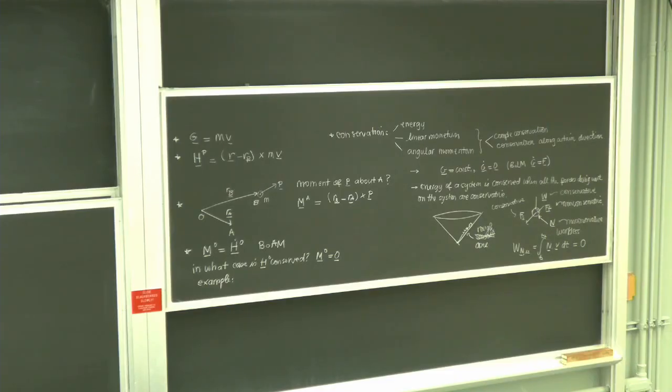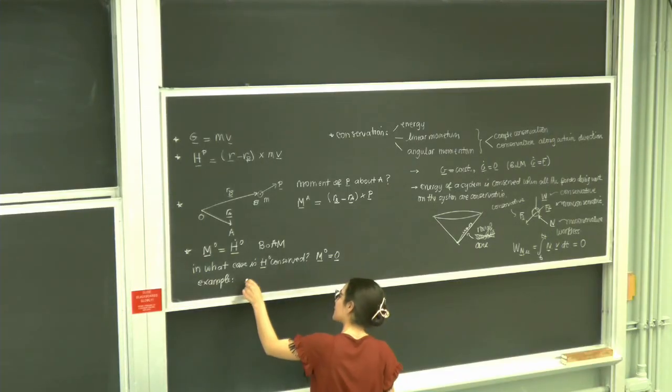There was actually a class of problems where the angular momentum about the origin, or some fixed point that we'll call the origin, is conserved. I'll give you the acronym of the class of problems.